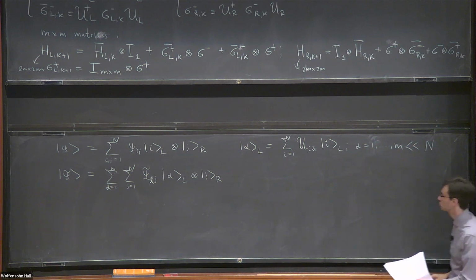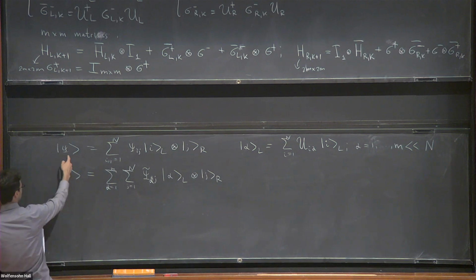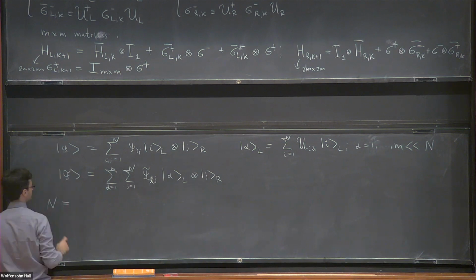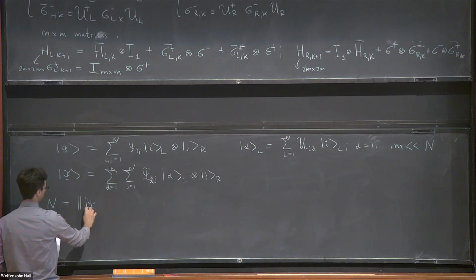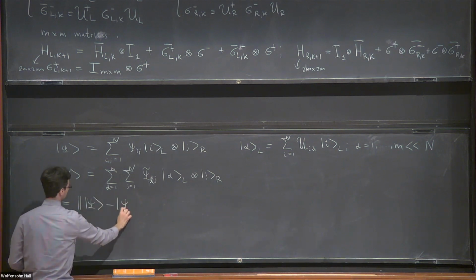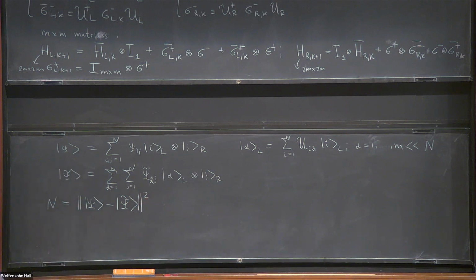And what we try to do is optimize our initial exact wave function by this psi tilde. So we try to minimize the norm of psi minus psi tilde. So we try to minimize this norm.